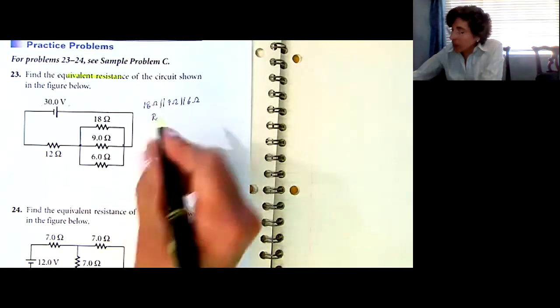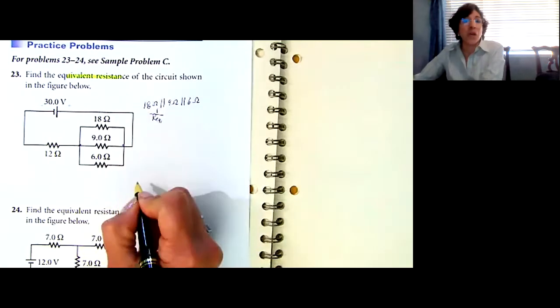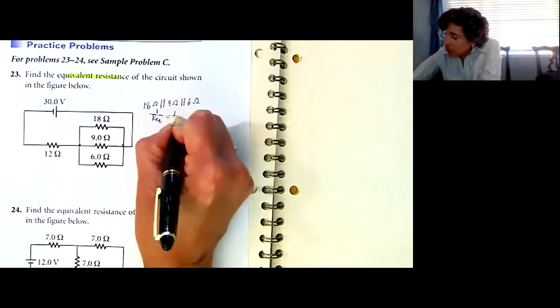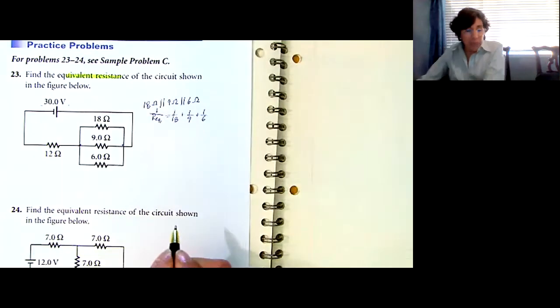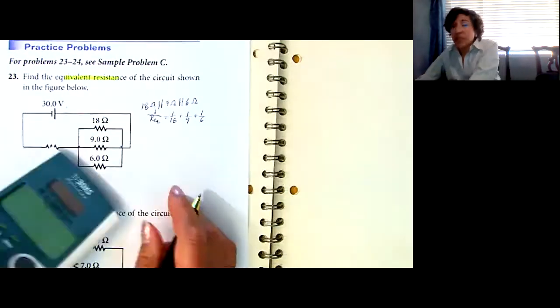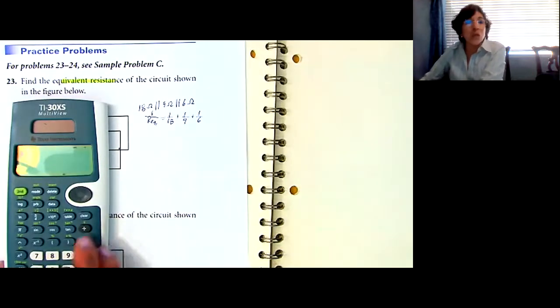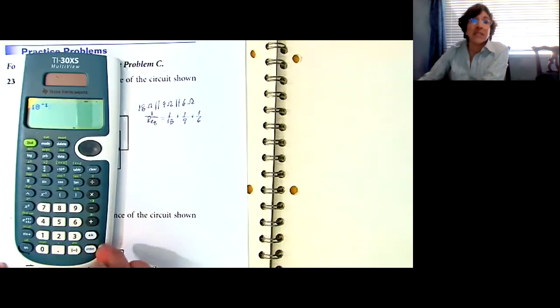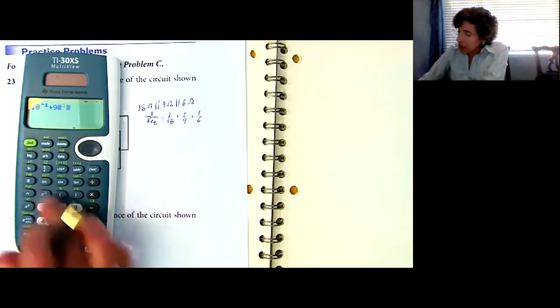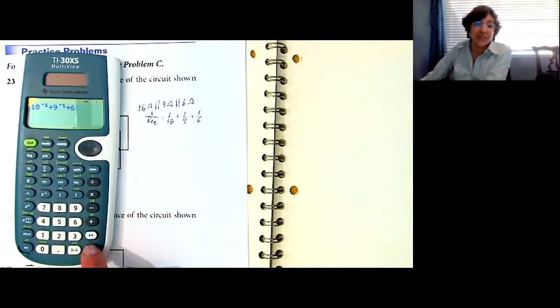The inverse of R equivalent 1 is equal to 1 over 18 plus 1 over 9 plus 1 over 6. I remember doing one just like this in our homework because they all have the same denominator of 18, so you don't have to use a calculator. We'll use a calculator this time. I'm going to have the inverse of 18 plus the inverse of 9 plus the inverse of 6.